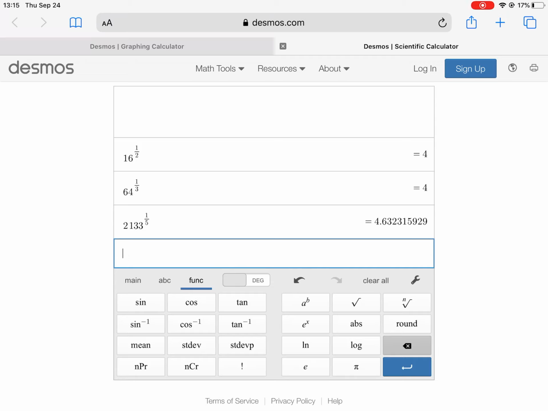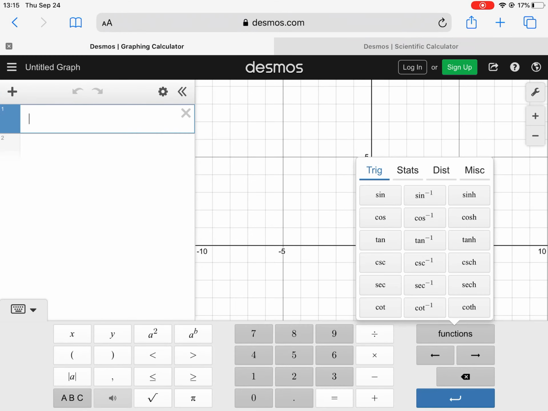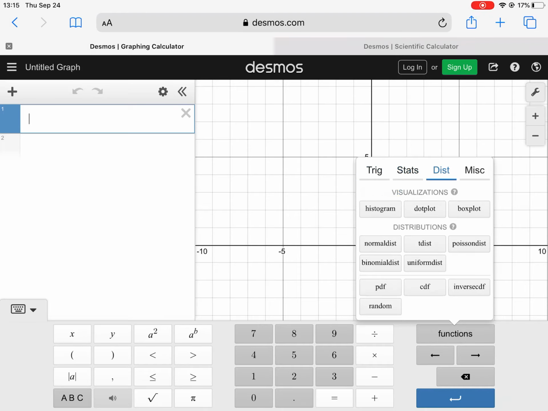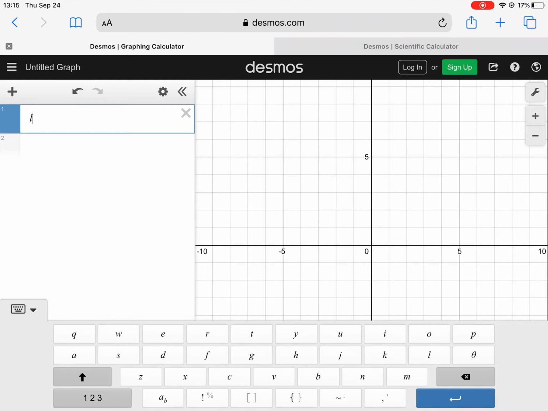So one thing you could do is go to the graphing calculator, and you can actually do log of any base on this one. You have to go here, log, and then you can go in the bottom left there, you see the A with the little B next to it. If you do that, you can change the base.